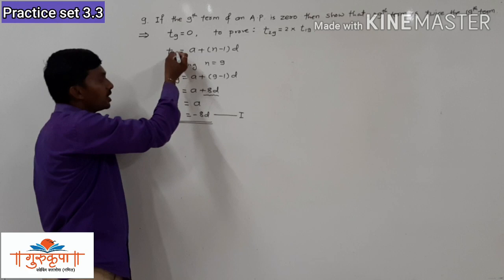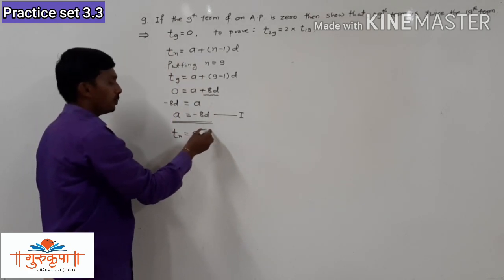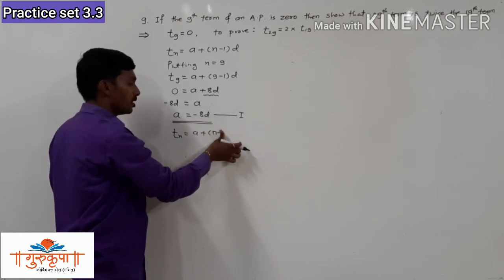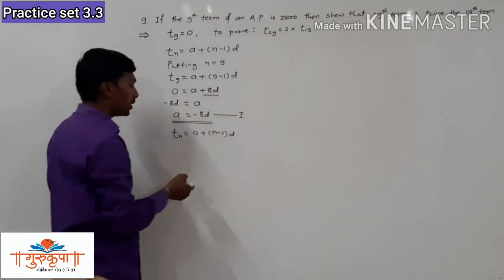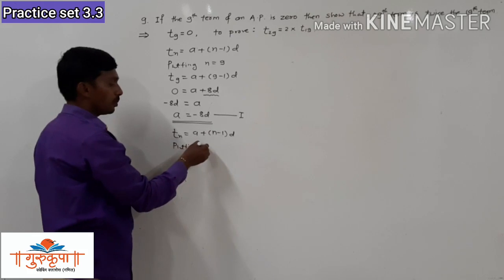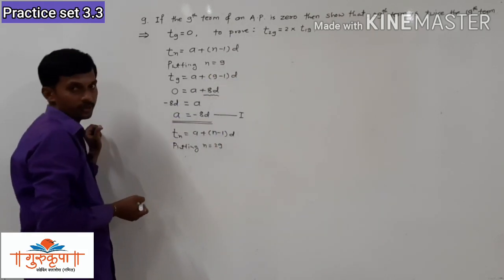So again we will write the formula Tn is equal to a plus (n minus 1) into d. Since we have to find the 29th term of that AP, we put n is equal to 29.